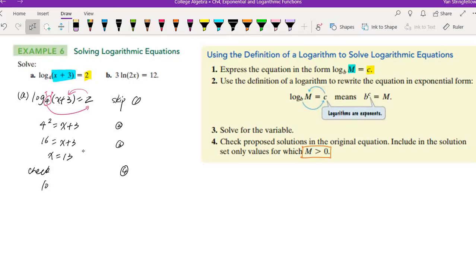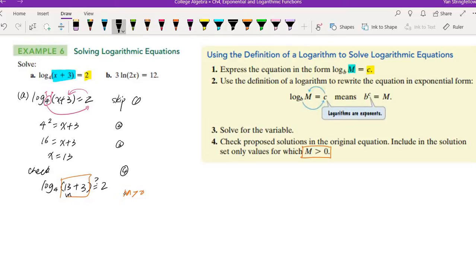We're going to have log base 4, and we said our x is 13, so we replace x and check whether it gives you 2. The important part is our m. At least check that this piece is greater than 0. The answer is yes, 16 is greater than 0.